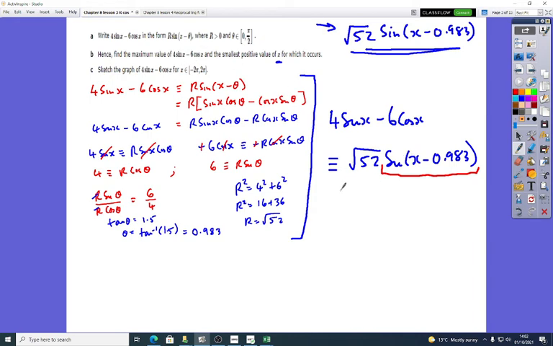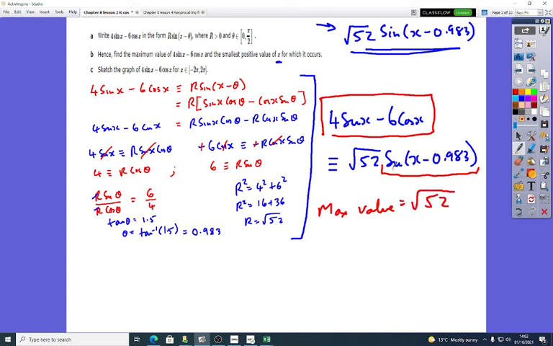So the maximum value will occur here. If that was 1, what would be the maximum value of this function? Anybody? Root 52 times 1 will give me? The maximum value will be root 52.